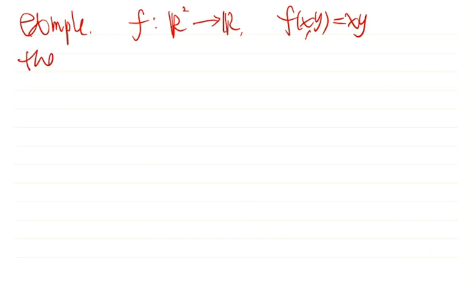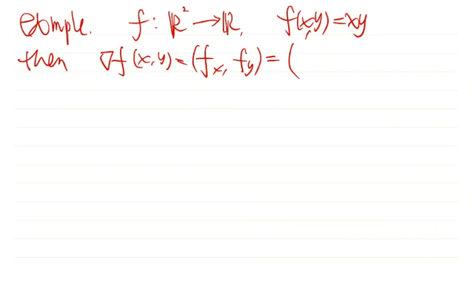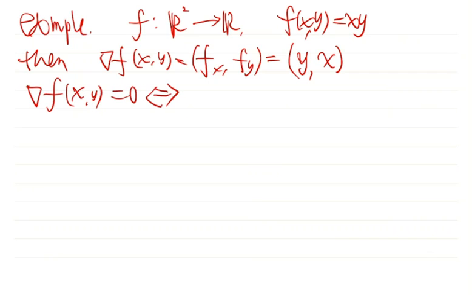Then the gradient of f is (fx, fy). The derivative with respect to x is y, and the derivative with respect to y is x. So this f has only one critical point, the origin.